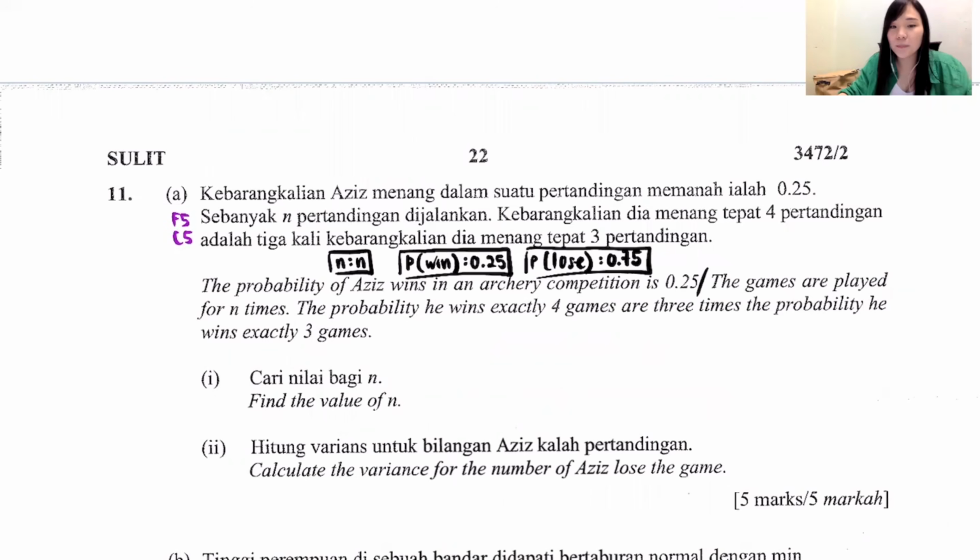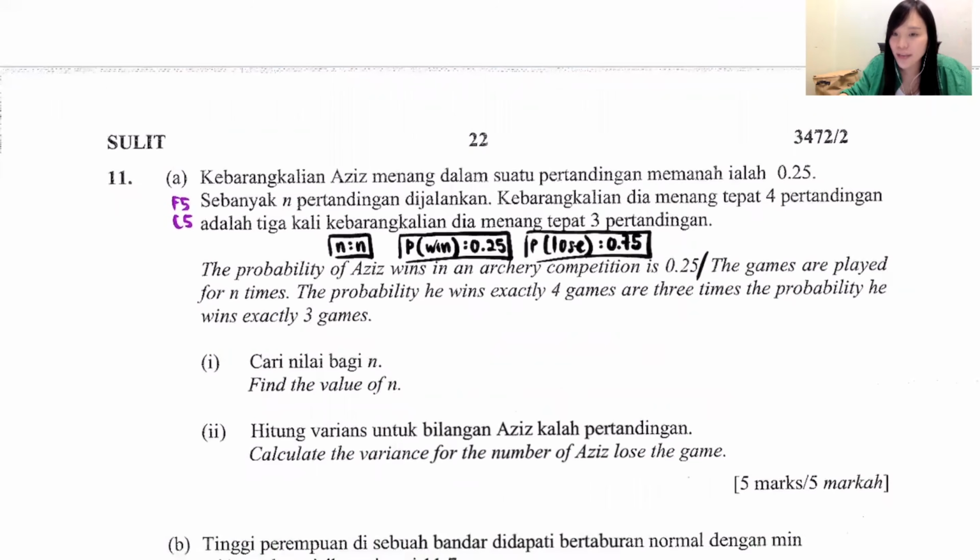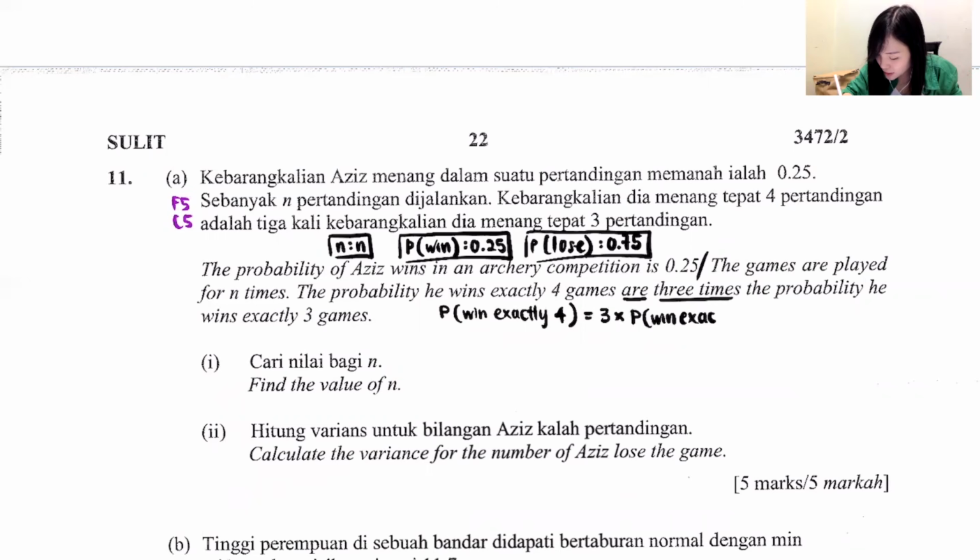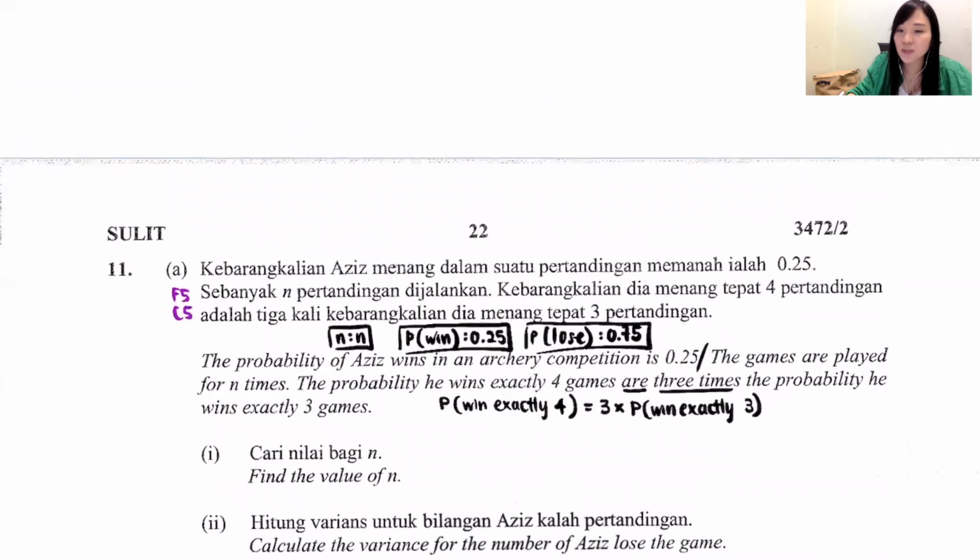So next they say the probability he wins exactly 4 games equals 3 times the probability that he wins exactly 3 games. From this sentence, you know the probability of winning exactly 4 will equal 3 times the probability of winning exactly 3.